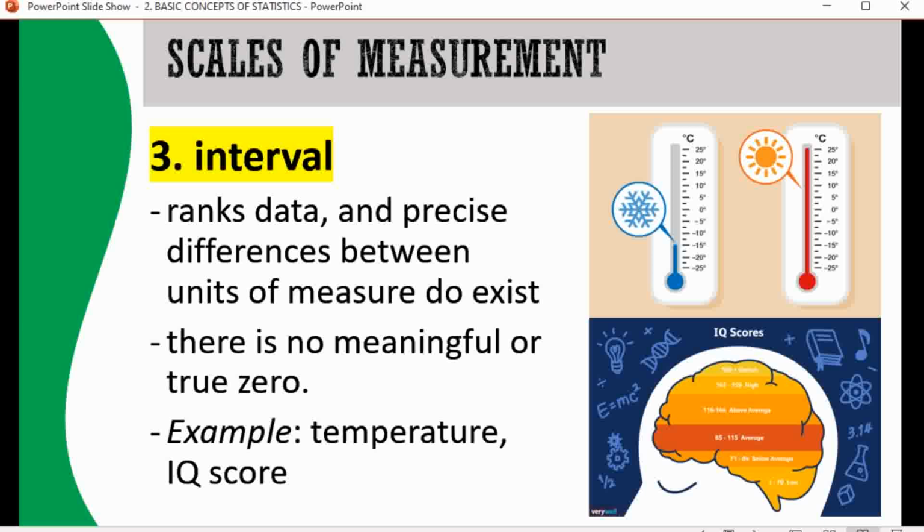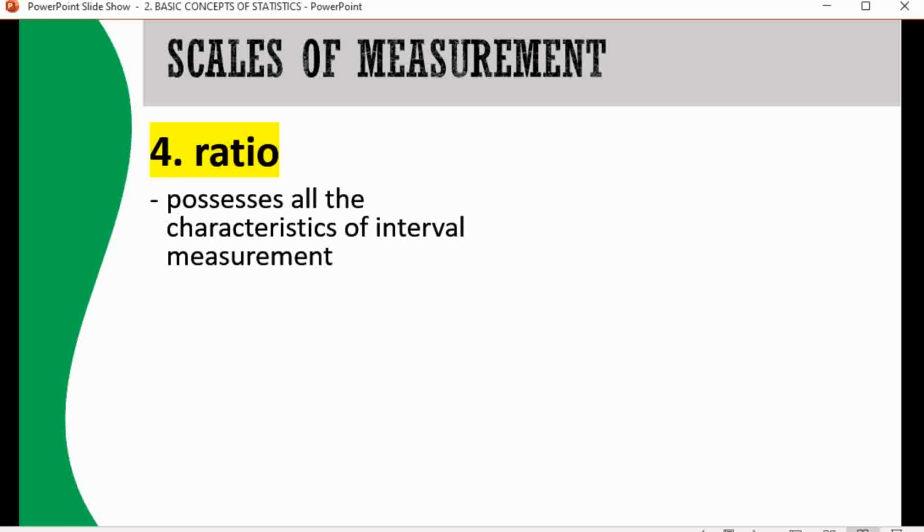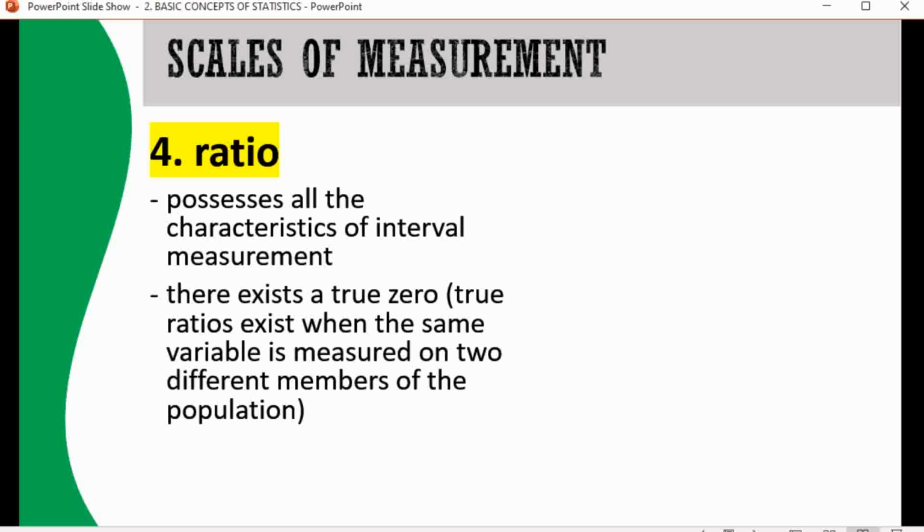The last one is ratio. There is a very minute difference in how we differentiate ratio and interval scales. We have a true 0 value for ratio. When we talk about true 0 value, when you measure, and if there's no measurement, then 0 is true.